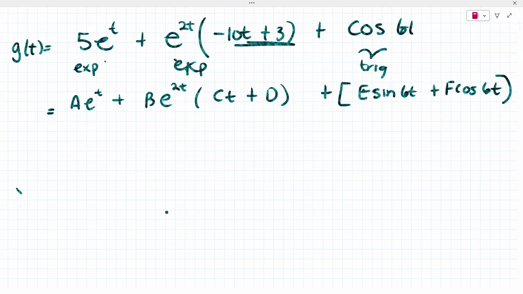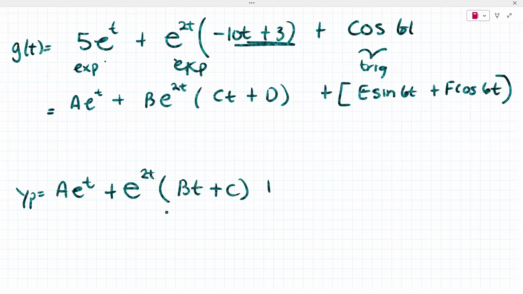So when you kind of clean this up, you're going to get yp equals a e to the t plus e to the 2t times (bt plus c) plus d sine of 6t plus e cosine of 6t.